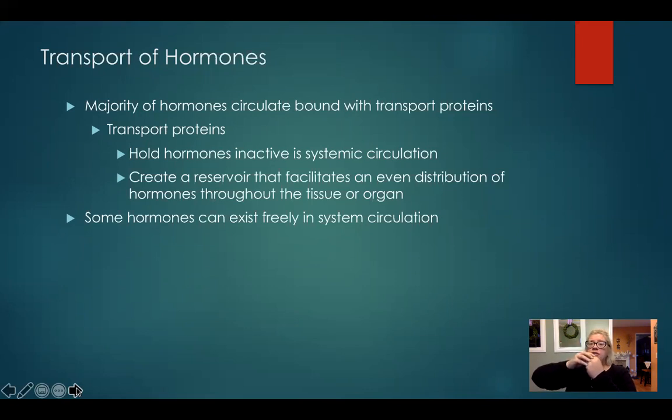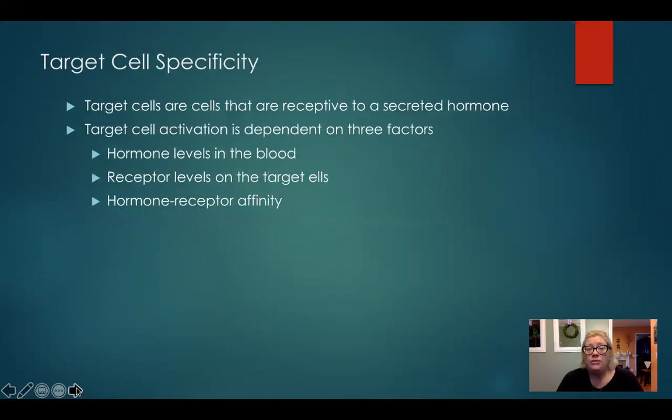Well, what these transport proteins do is ensure that not only the first contact of that organ with that systemic circulation is activated, but there's a full activation of the entire organ. Now, not all hormones travel in circulation attached to a transport protein, but an overwhelming majority of them do.